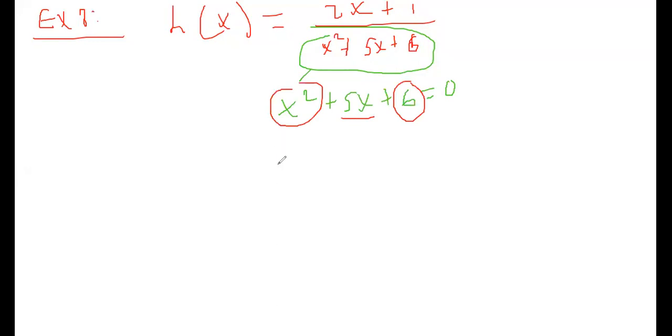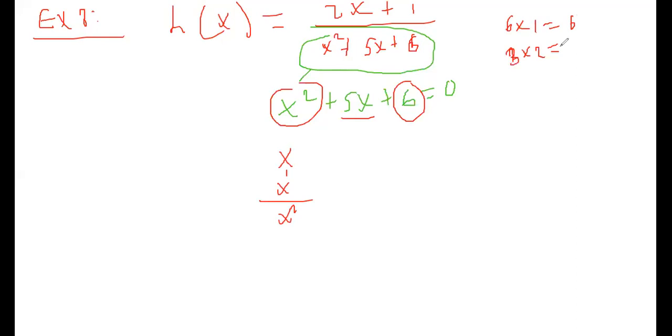Obviously, the candidates are x times x, because x times x gives x squared. We also look for two numbers that, when we multiply them, give us plus 6. Obviously, it can be 6 times 1, that gives us 6. It can also be 3 times 2, which is also 6.